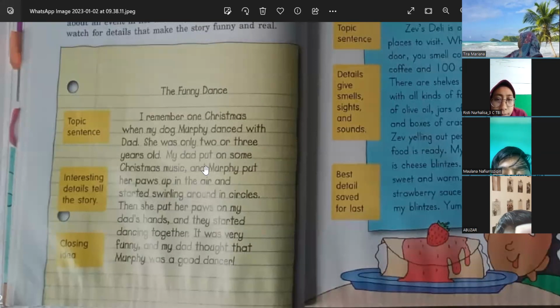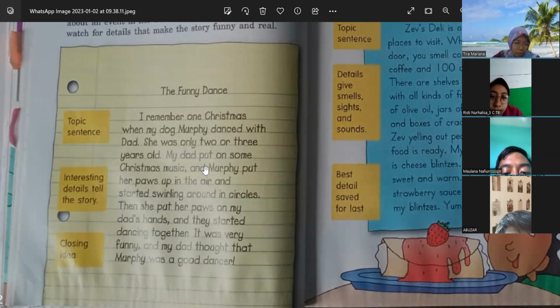Next. What is the next detail? Apa lagi, Kak, detailsnya?